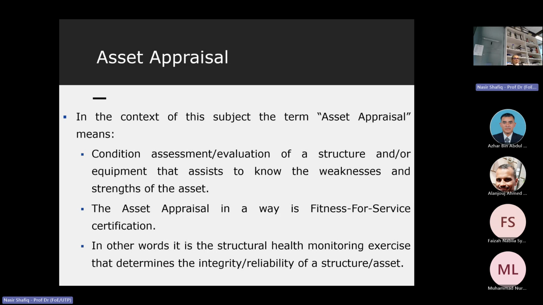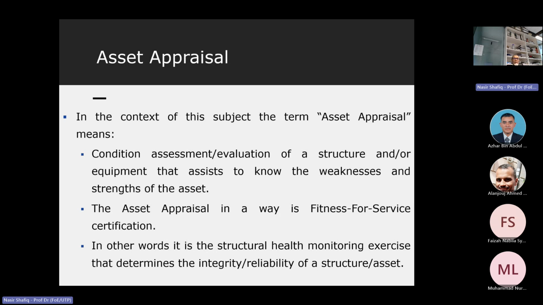So all these exercises fall under appraisal. In the context of this subject, it means condition assessment, evaluation of a structure and or equipment that assists to know the weakness and strength of the asset, right? So asset appraisal is a way to fitness for service certification, right?